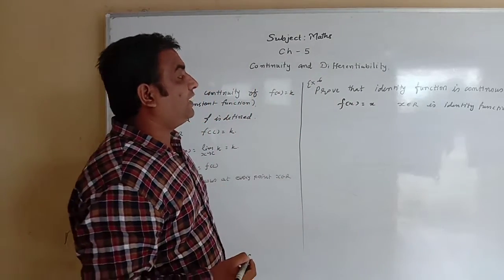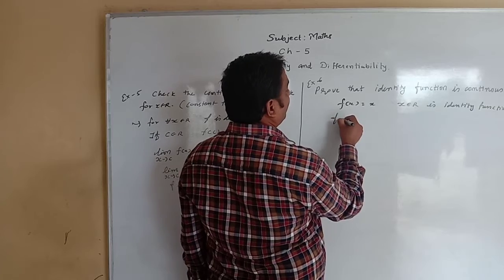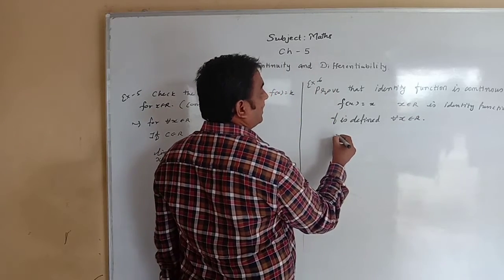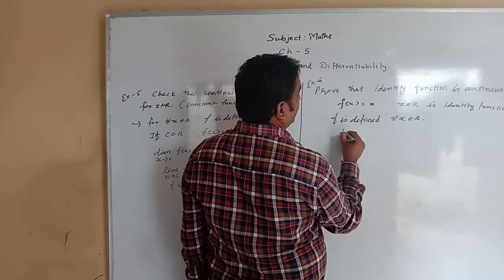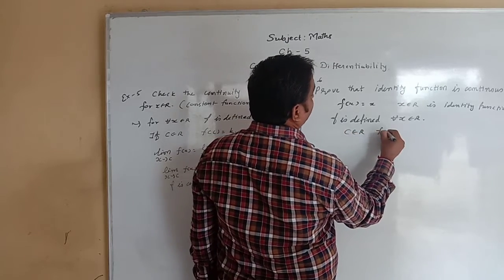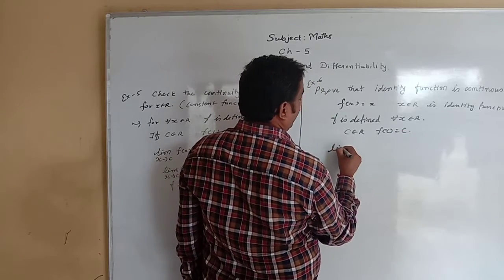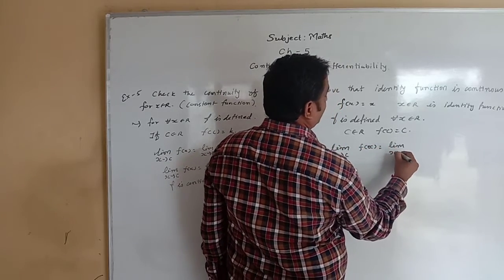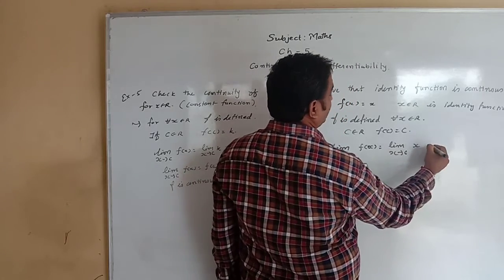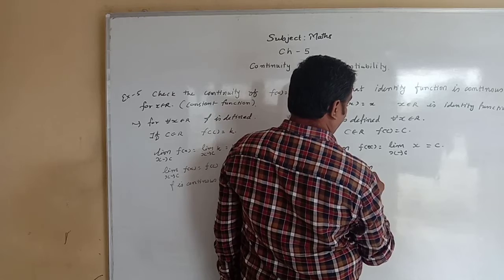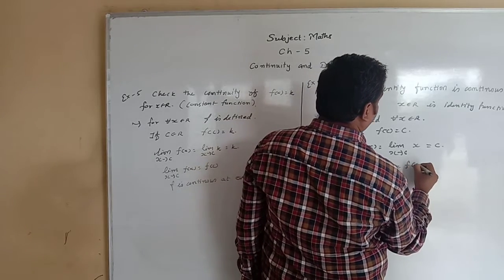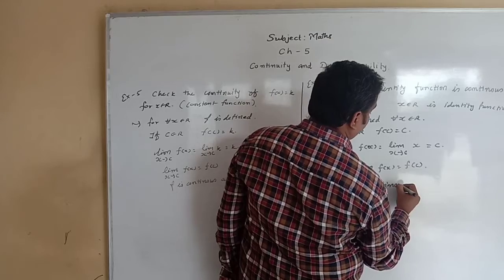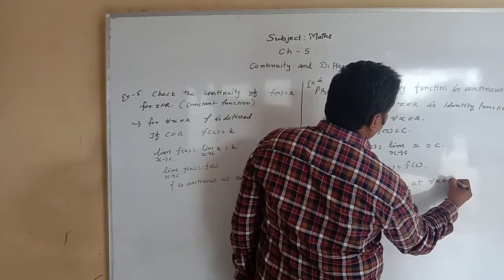And we know that the identity function is defined at every point, and so f is defined for all x belongs to R, and so we can write that if c belongs to R, then f(c) equals c, and so here we can write that limit x tends to c, f(x) equals limit x tends to c of x, because f(x) equals x, which will be c, and so limit x tends to c, f(x) equals f(c), and so we can say that f is continuous at every x belongs to R.